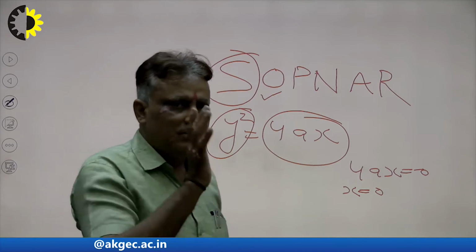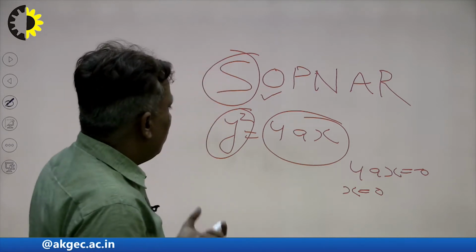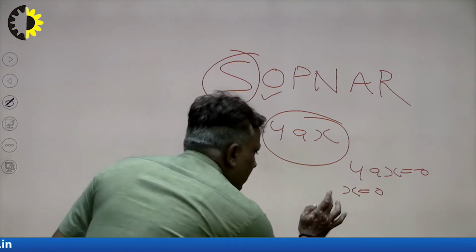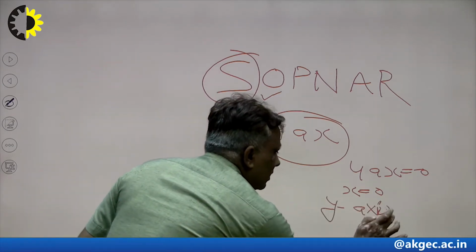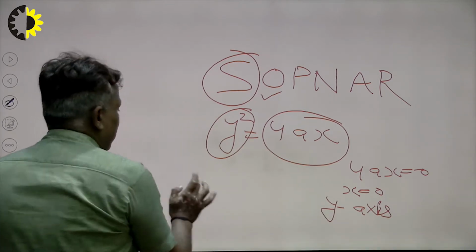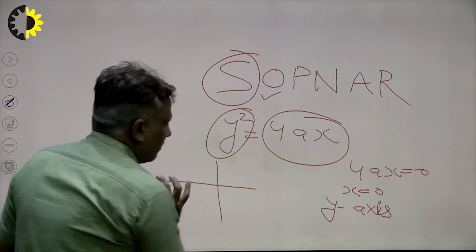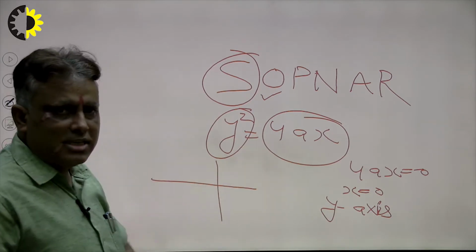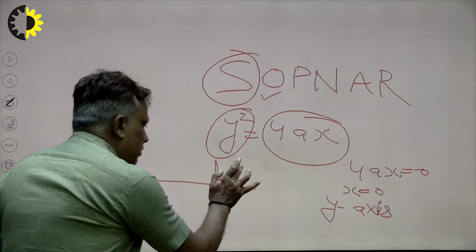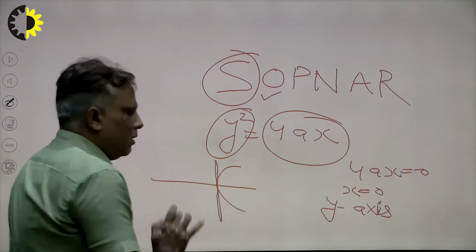We have calculated the nature of the curve at the origin. The curve is symmetrical about the x-axis and the tangent is the y-axis. So the nature of the curve is a node.